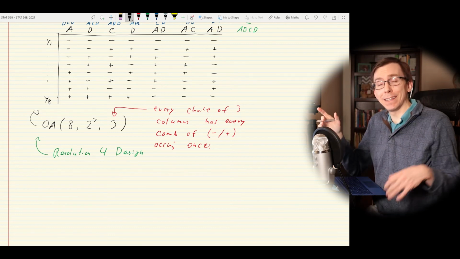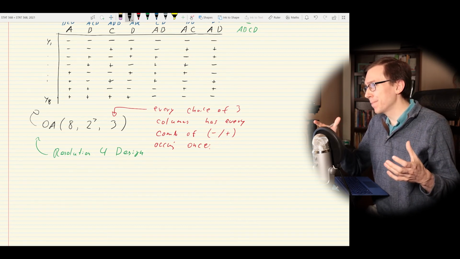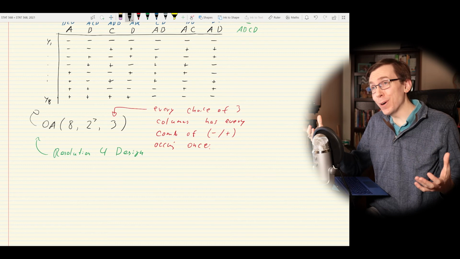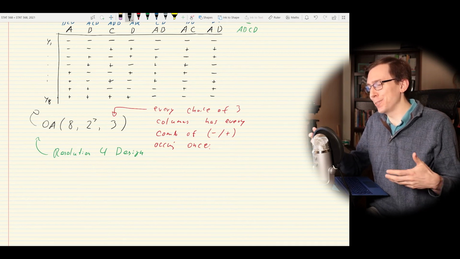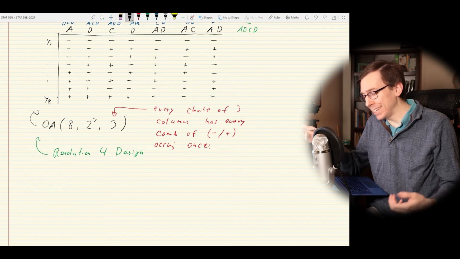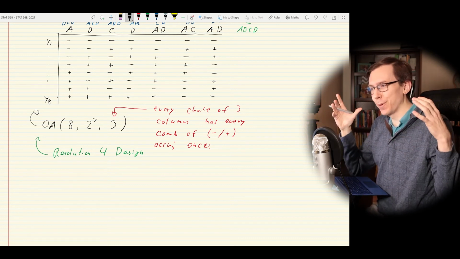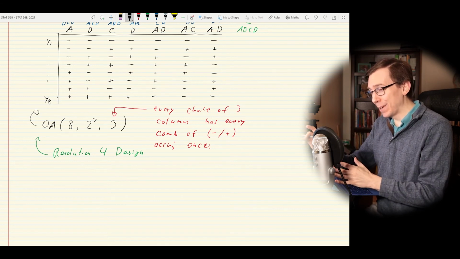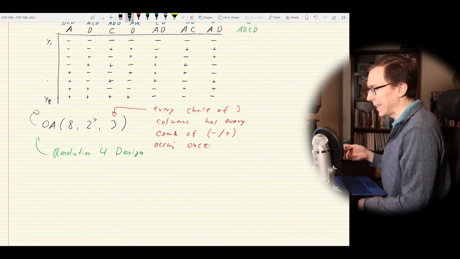All right, and we talked about before that we want the resolution of a design to be higher, but not necessarily too high. If it's too high, that means we probably have too large of a sample size that we don't need. So again, there's always a balance here. How much data do we want to test what we want to test without getting all these extra factors in there that we don't really care about testing?